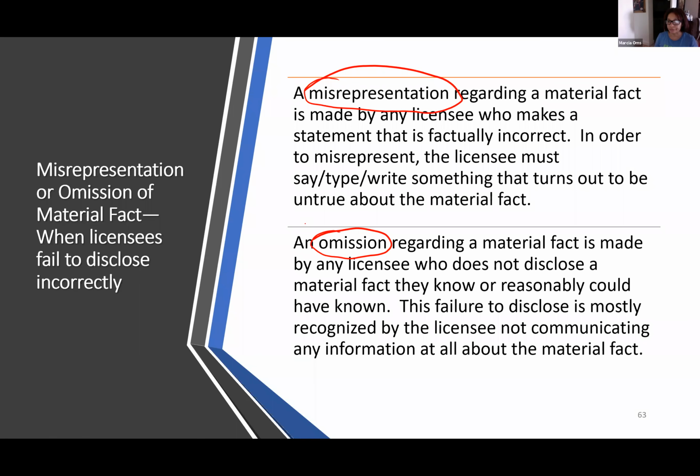Yes, absolutely. And if it's not, it was omitted. It doesn't matter why it wasn't given. If we forgot to give it, that's still an omission. If we intentionally didn't give it, that's still an omission. Anytime information that should have been given is left out of the conversation, we have omitted.